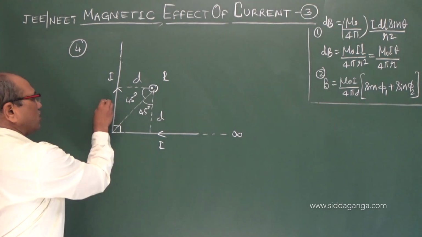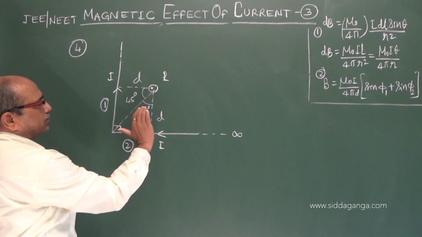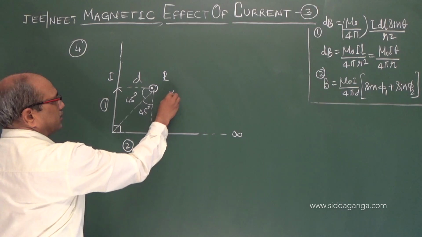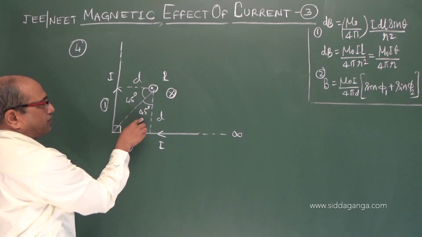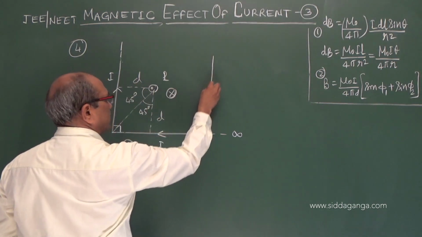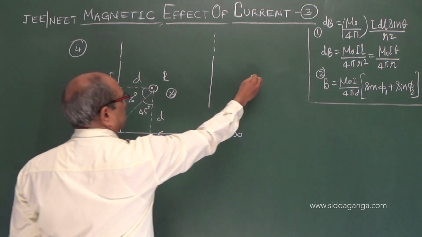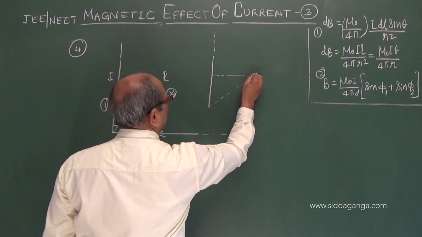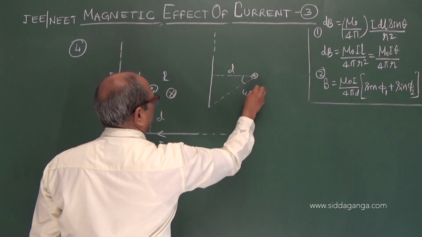Now take wires 1 and 2. The direction is into the board, and for the other it is also into the board, therefore the field is into the board. As for the magnitude, what happens? This is 45. If I take one wire extending to infinity and consider some point, with respect to the distance D the angle is 45.